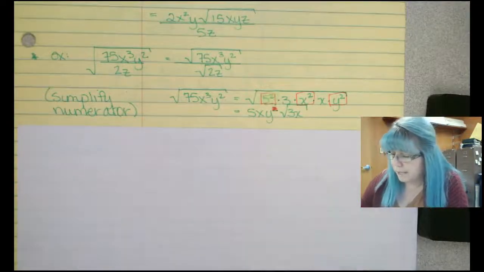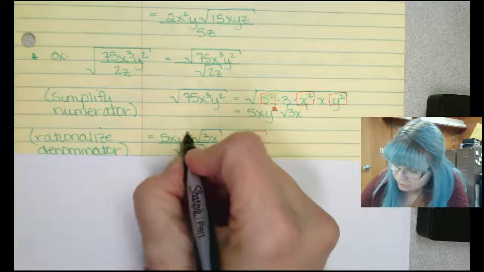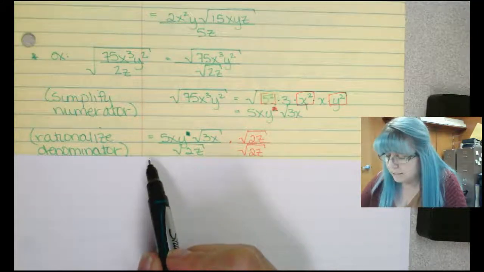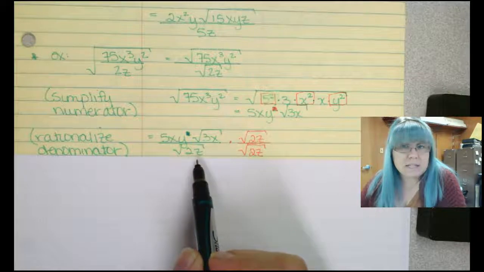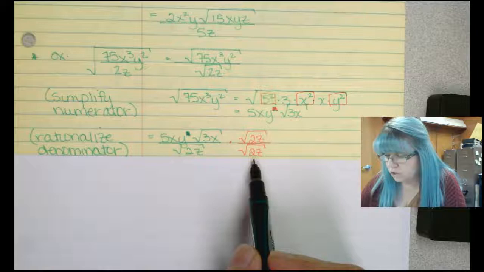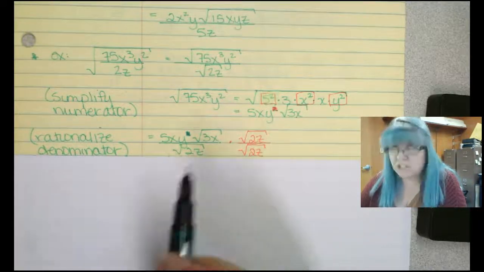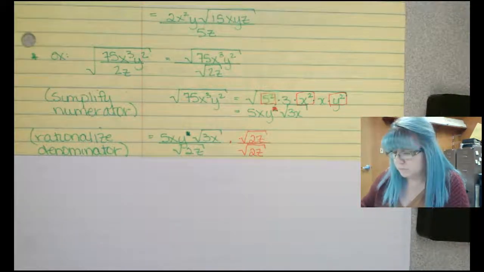Okay. Now, I'm going to carry that mistake all the way through. Sorry about that. All right. Now we can rationalize the denominator. Since we're doing the square root of 2z, I only need to multiply by the square root of 2z, both on the numerator and denominator, to get rid of the square root of 2z on the denominator.